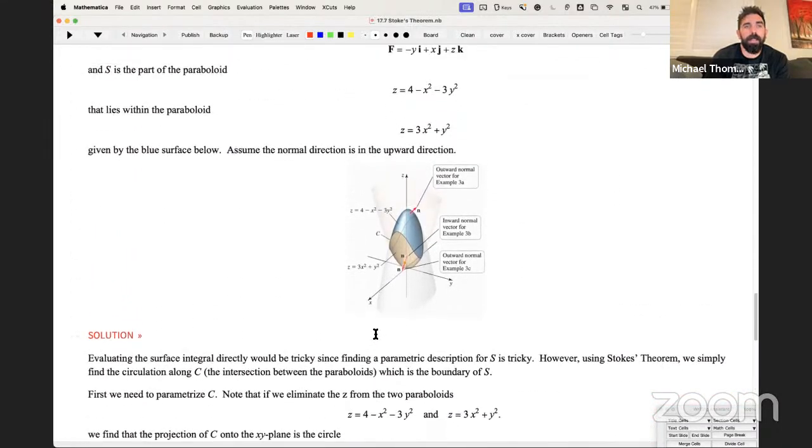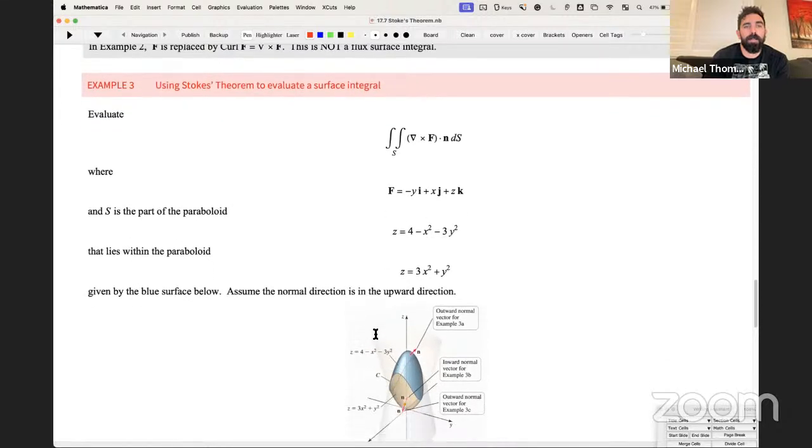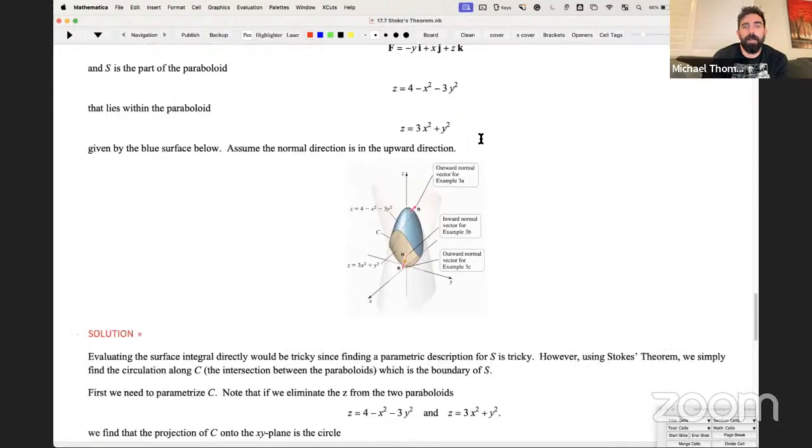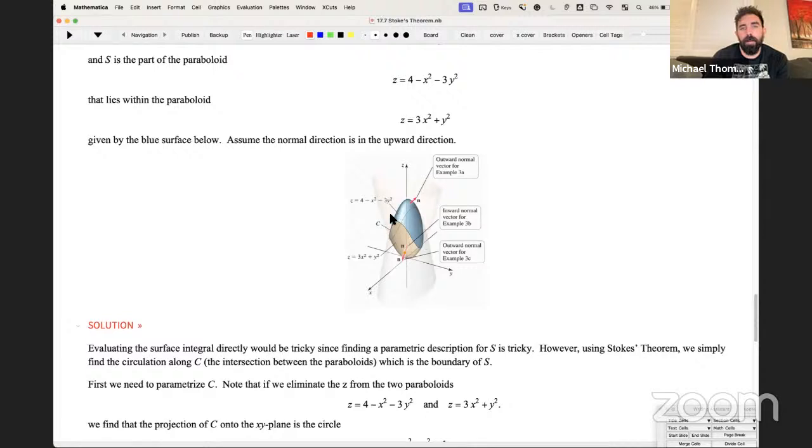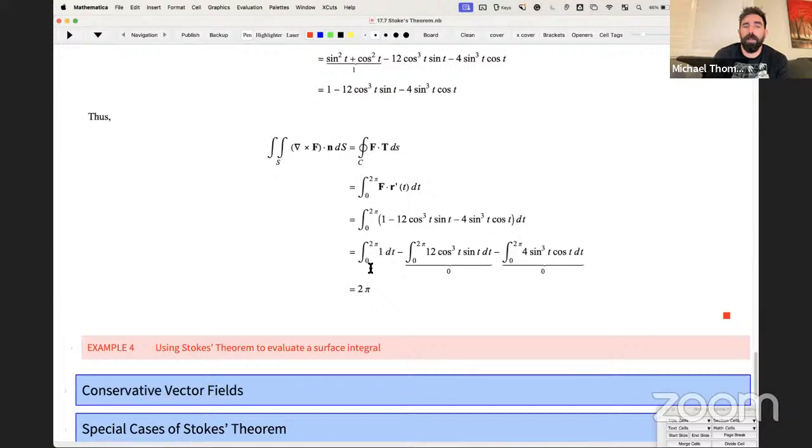So what that means is, we were asked to find the accumulation of curls. So if we add up all the curls on this surface, the net result is a counterclockwise direction because we got a positive surface integral there.